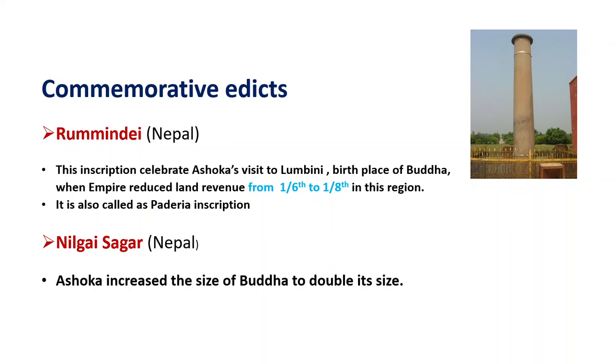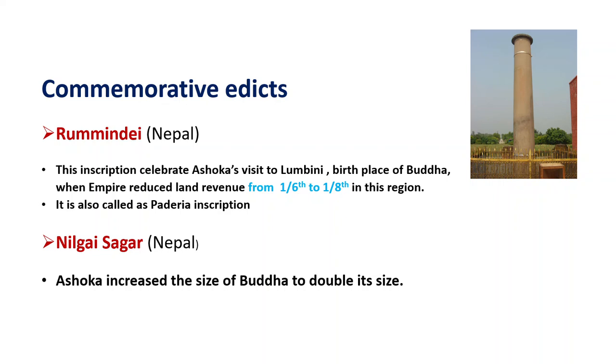This visit can also be seen in Ashoka's Major Rock Edict 8. Here, to celebrate his visit, he reduced the land tax from 1/6 to 1/8, and this inscription is also called the Paderia inscription.